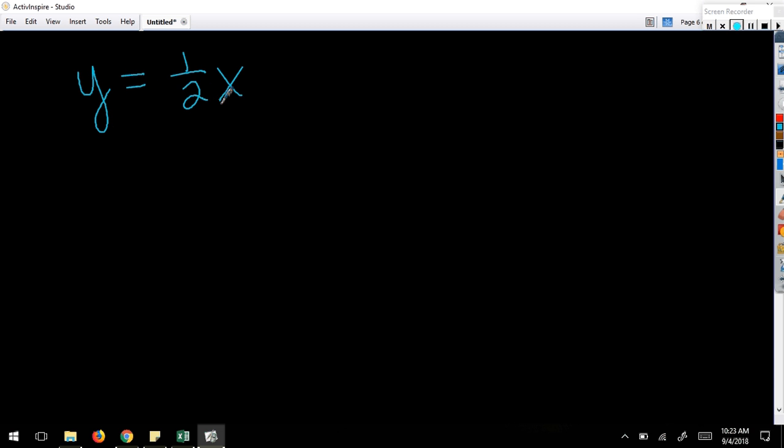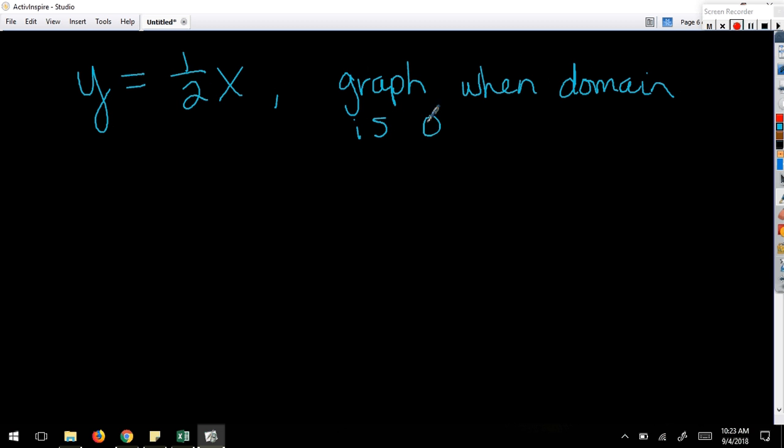If I tell you that y equals 1/2 times x, and I said I want you to graph when the domain is 0, 2, 4, 6, and 8. Yeah, this is an example of how we're going to apply it.